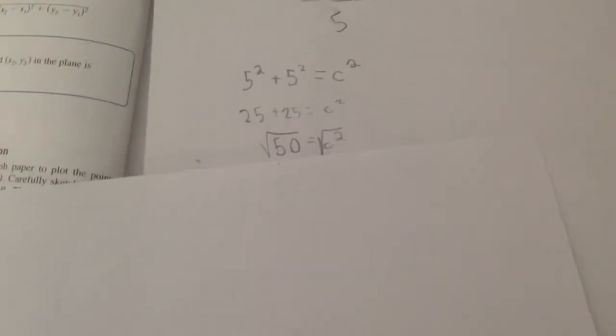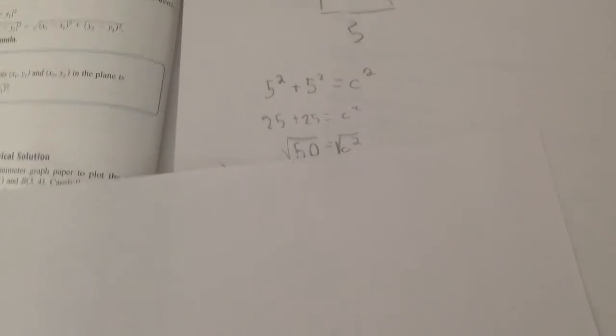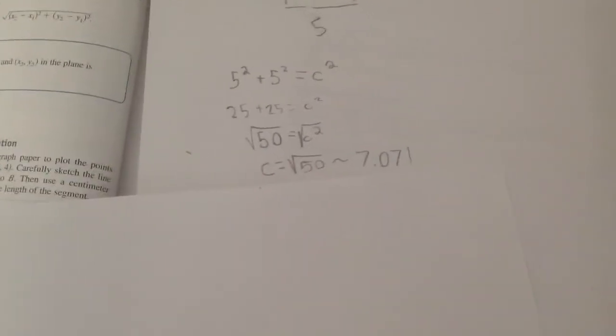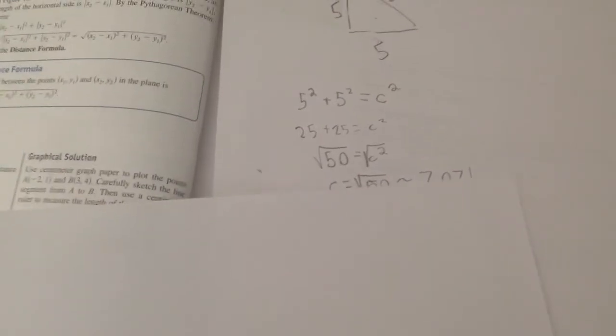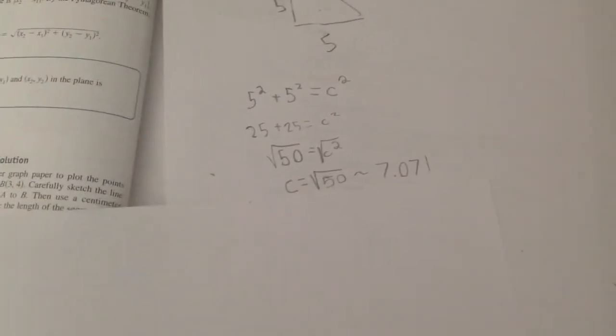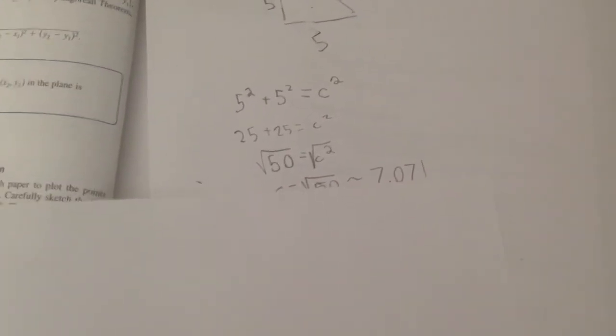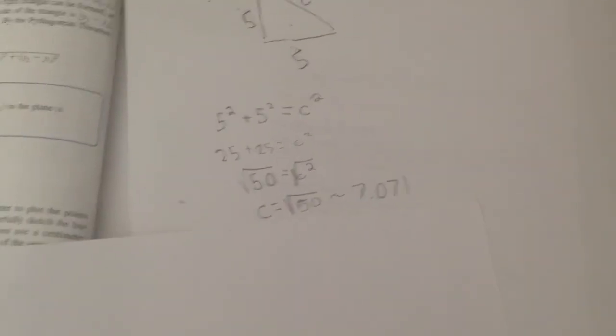And now we will add them up and square root both sides to get rid of the c squared. So c equals the square root of 50, and that is equal to around 7.071. Does that make sense now?